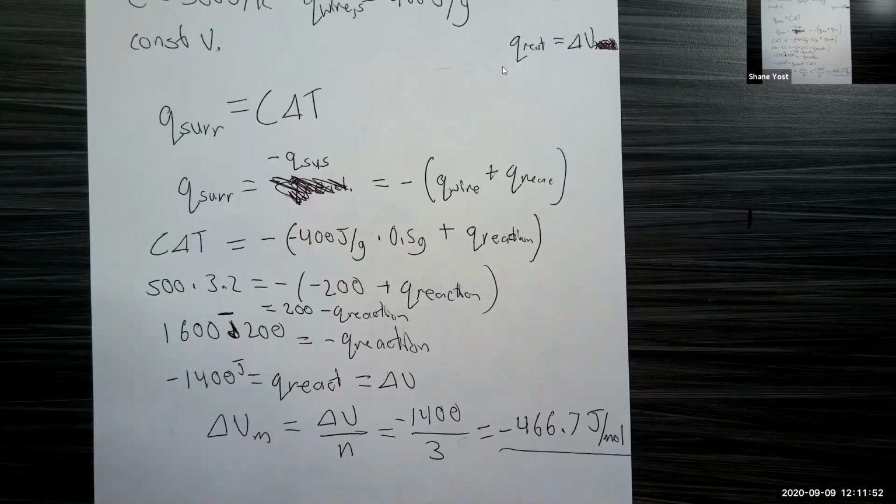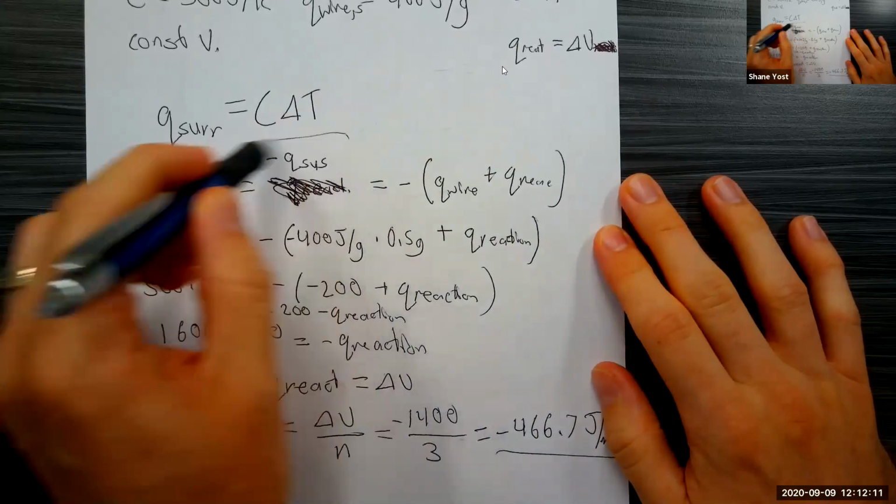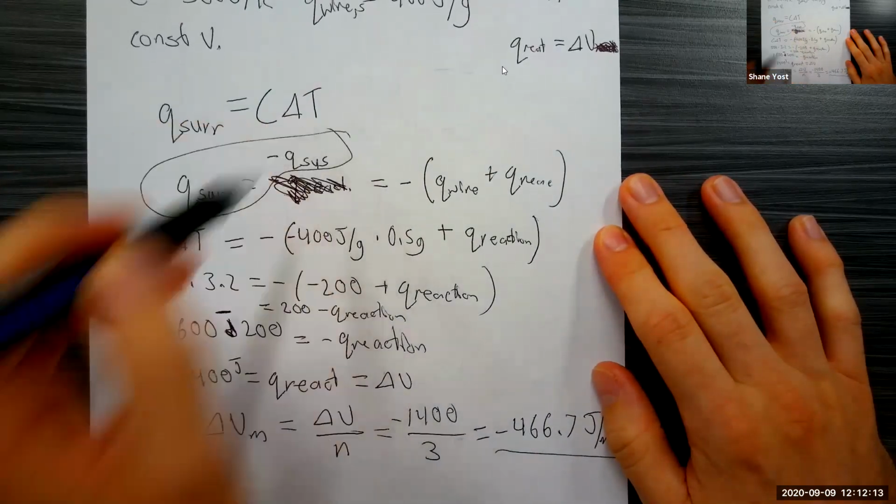So, questions about this? For this problem, like a lot of the problems, the key steps are setting up some of these initial equations, and then it's just doing some algebra, rearranging some variables, plugging into a calculator. The key steps here are this first relationship, Q surroundings is minus Q system.